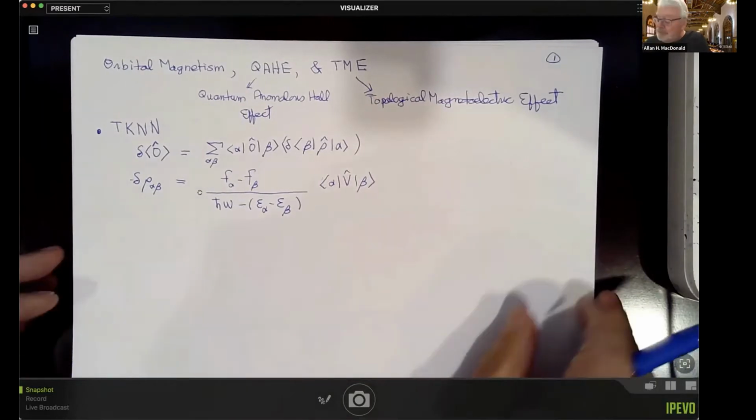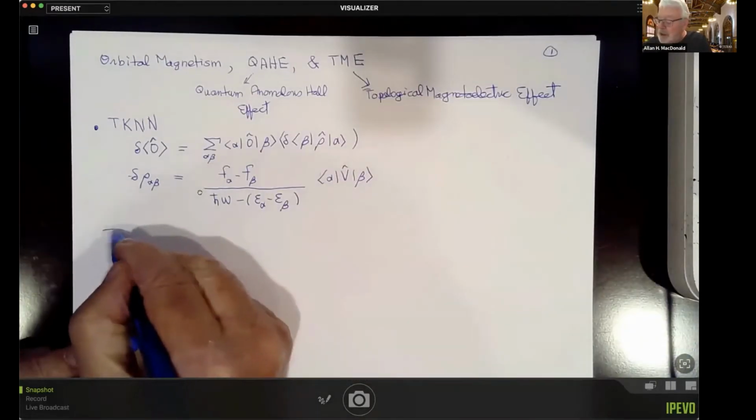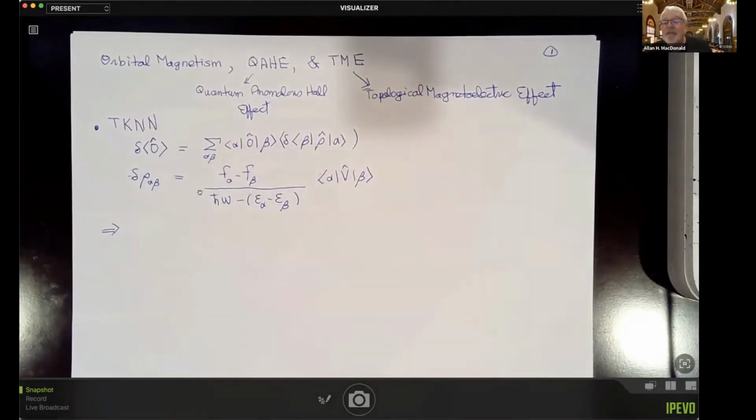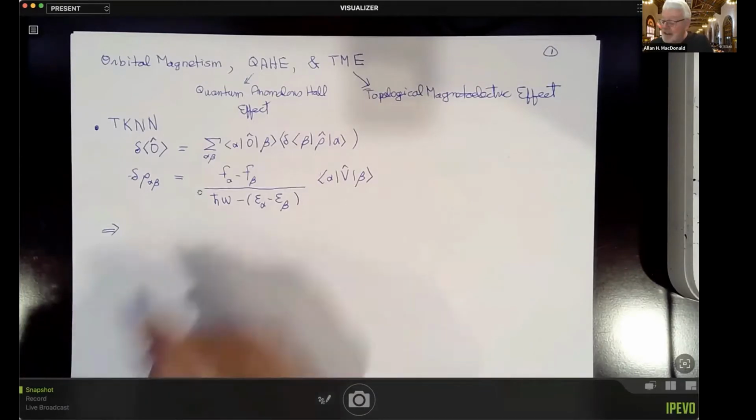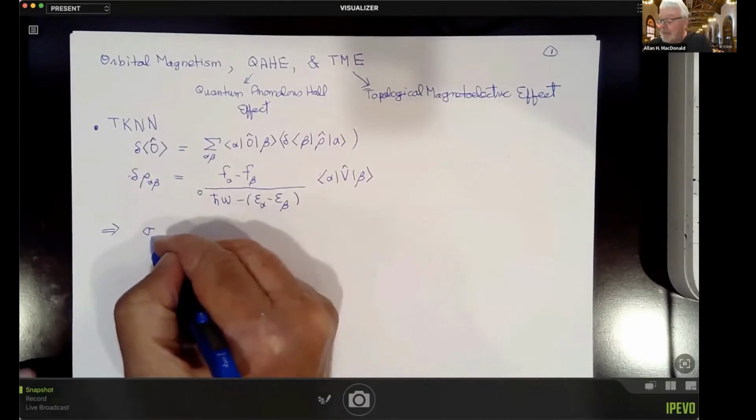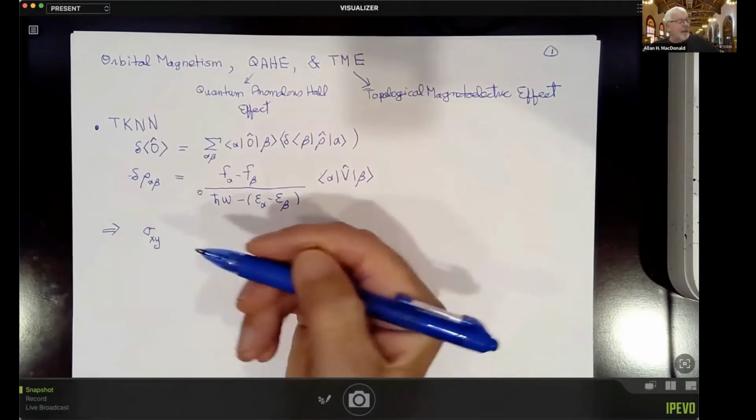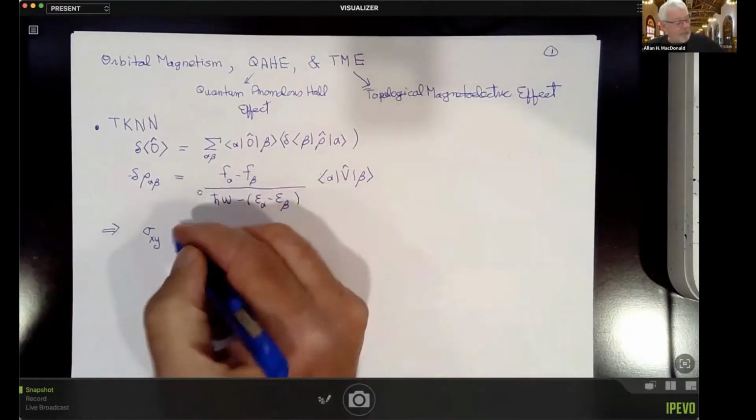So if we just plug into that formula for the case of interest, which in the case of the Hall effect is the response of the X component of the current to the Y component of the electric field expressed as a time-dependent vector potential.